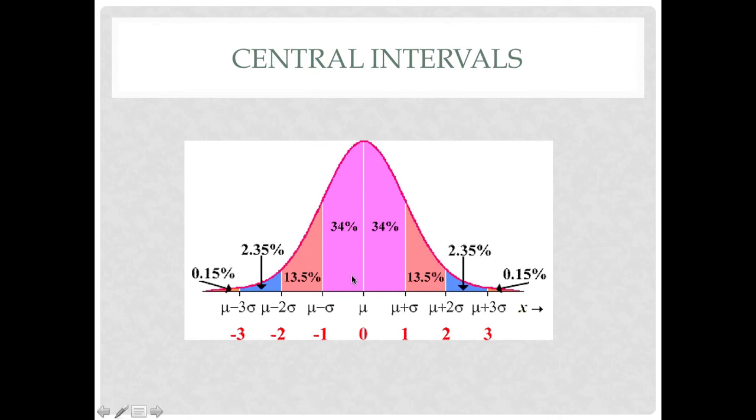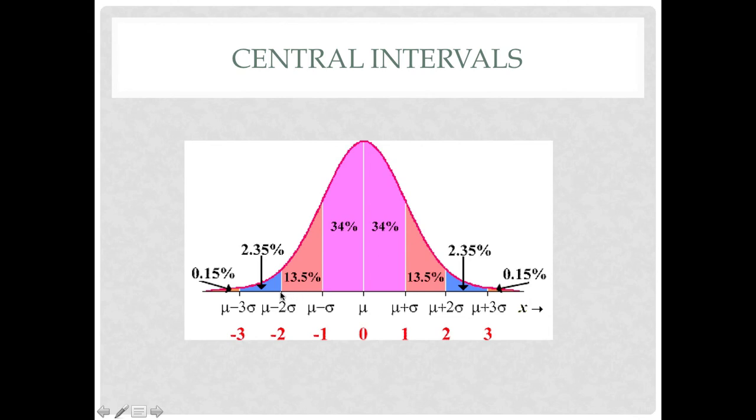So in this picture here, you can see that between the mean and 1 standard deviation below is 34% of the data. Between the mean and 1 standard deviation above is 34% of the data. So within 1 standard deviation above or below the mean, which is often referred to as within 1 standard deviation of the mean, is 68% of your data, 34% plus 34%.